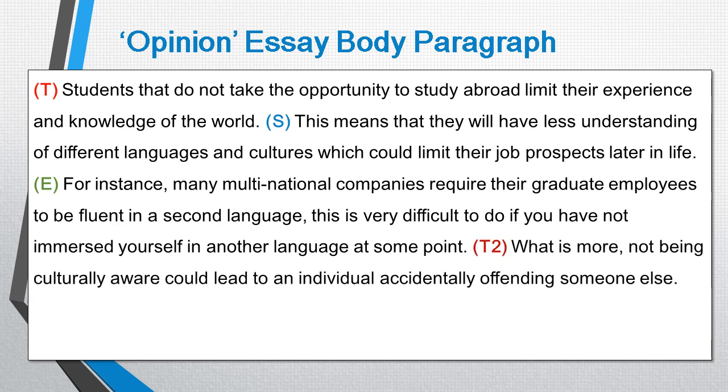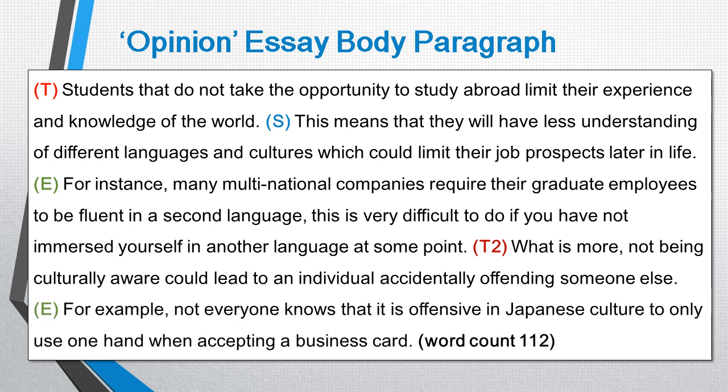Now, with our second topic sentence, we're really developing this idea nicely. Here it reads, "What is more, not being culturally aware could lead to an individual accidentally offending someone else." "For example, not everyone knows that it is offensive in Japanese culture to only use one hand when accepting a business card."